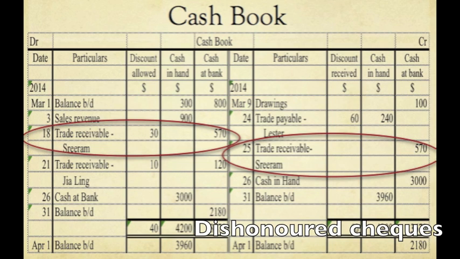Then on the 25th, there is a credit of the same item, trade receivable Siram, by the same amount of cash at bank, 570. What does this mean? When there is a trade receivable on the credit side, this raises a red flag. It tells us that probably this check is dishonored.